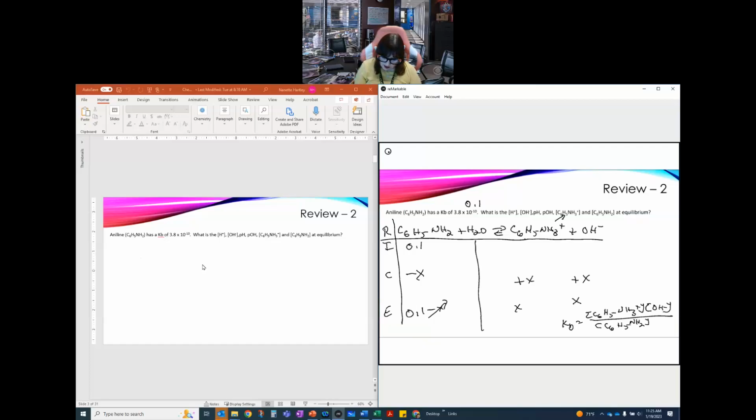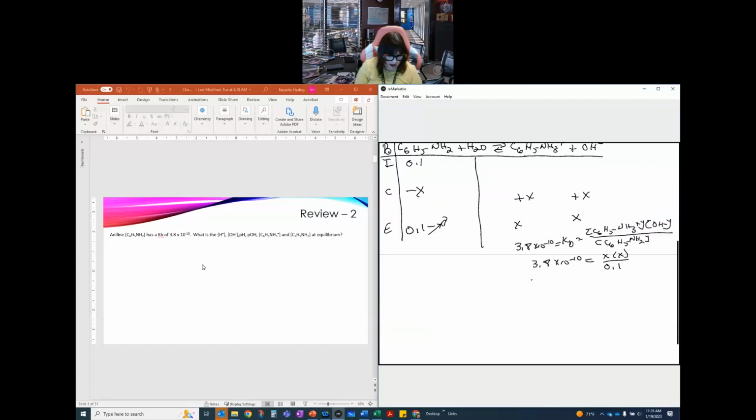I know that that has a value of 3.8 times 10 to the minus 10th, and I also know that this is equal to x times x over 0.1. So we end up with x squared being equal to 3.8 times 10 to the minus 10th times 0.1, which should be 3.8 times 10 to the negative 11.